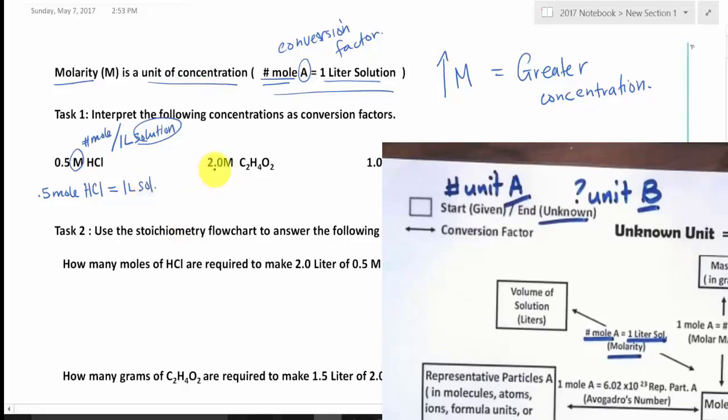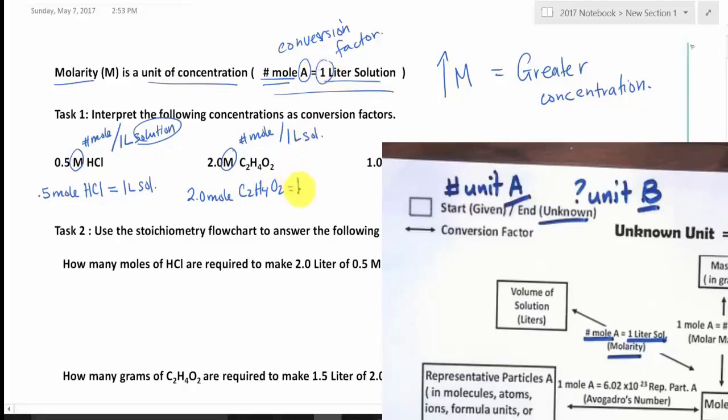How about this one? We have 2.0 molarity of acetic acid, which is C2H4O2. And if we look at the molarity part, again, it's equal to the number of mole divided by 1 liter of solution. So in this case, if it's 2 molarity of this, of course we're going to have 2.0 mole of C2H4O2 equal to how many liters of solution?